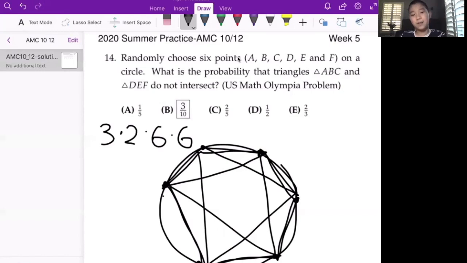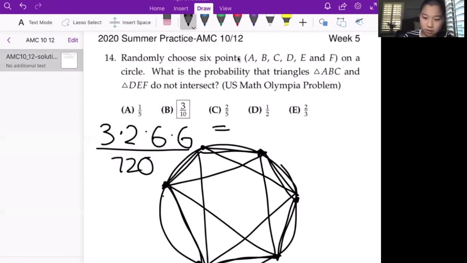And now let's find how many ways there are to just randomly select A, B, C, D, E, and F. Out of those, there are just 6 factorial ways, or 720.